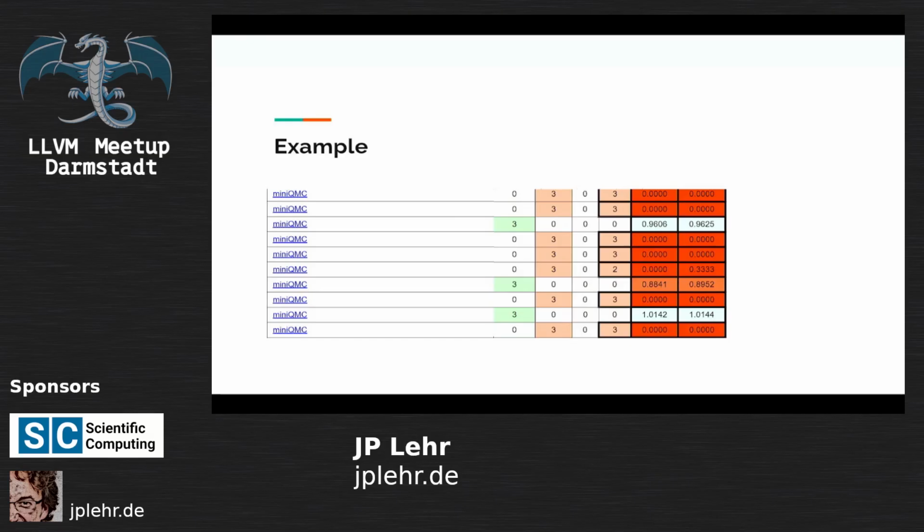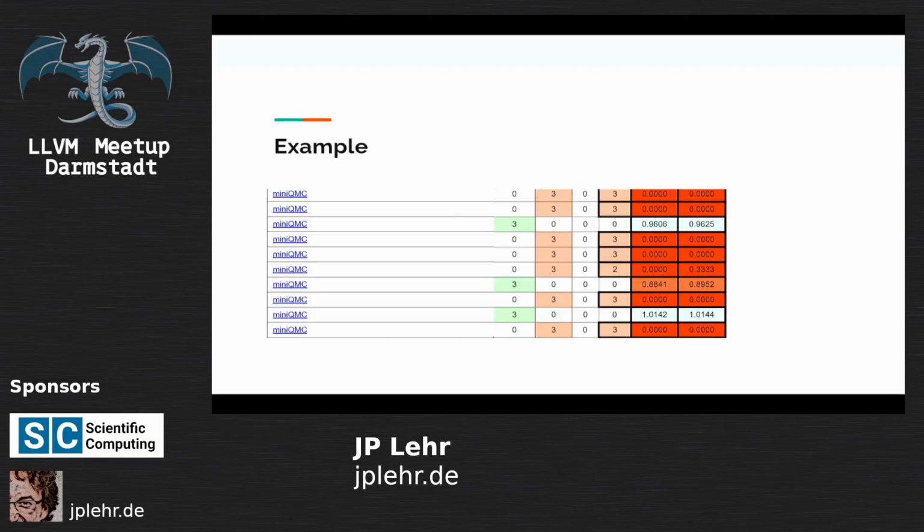I was like, this was all green on Friday. So something happened. And it was pretty much only that specific mini application. Mini QMC is like a mini quantum Monte Carlo particle simulator, whatever.